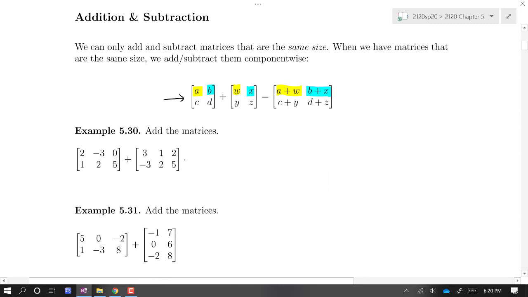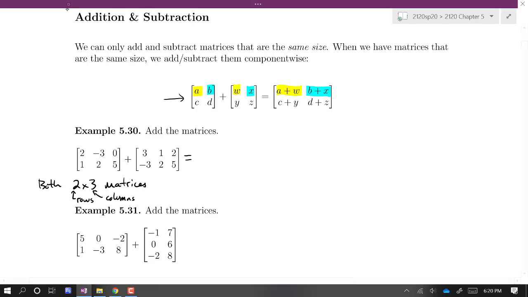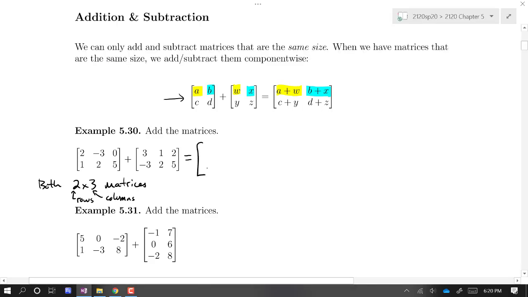So we can do some examples. Let's say I want to add these matrices. They're both 2 by 3 matrices, right? 2 rows by 3 columns. So when we add these elements together, we're going to get a 2 by 3 matrix.